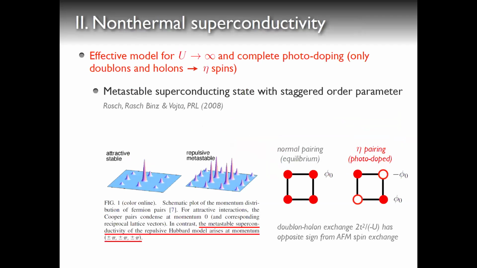Now, as a second and last example, I want to discuss the so-called eta pairing state in strongly repulsively interacting systems.